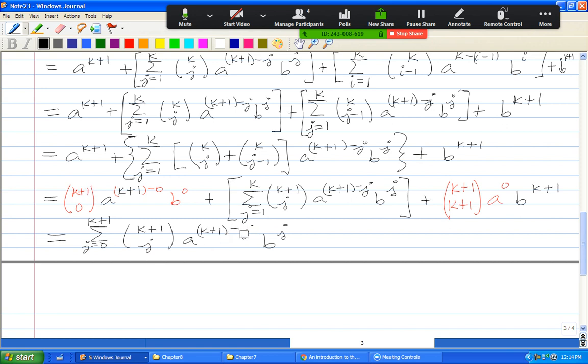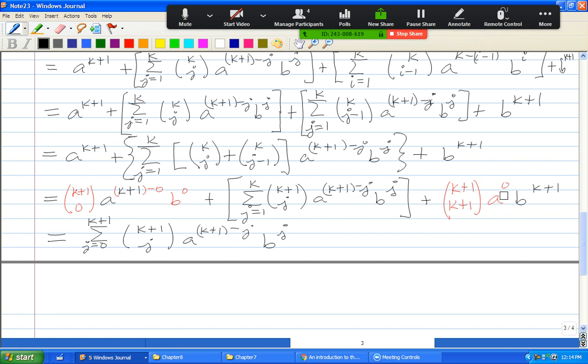Plug in a 0 here, that's this term. Plug in a 0 here, that's that term. For j's from 1 to k, well, I've just written that. That's the same thing here. For j equaling k+1, well, this is this term.